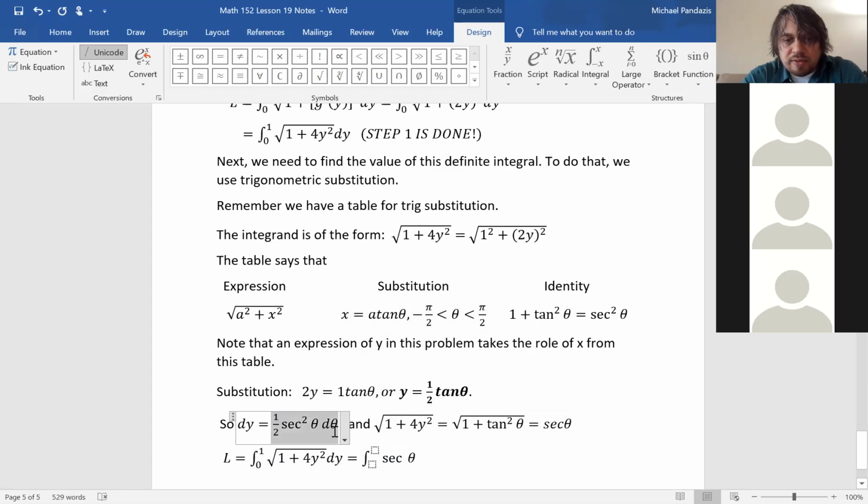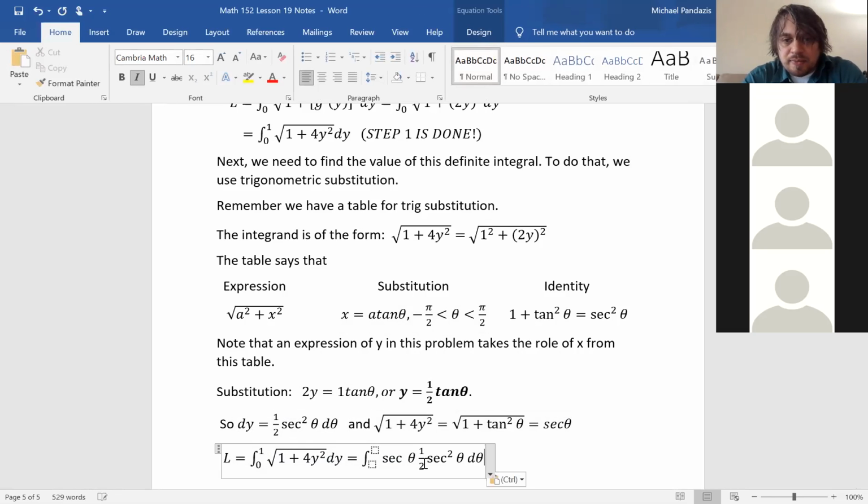So you have a 1/2 secant squared theta d theta for dy.